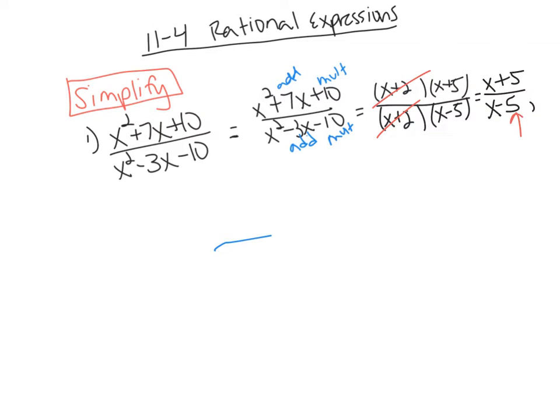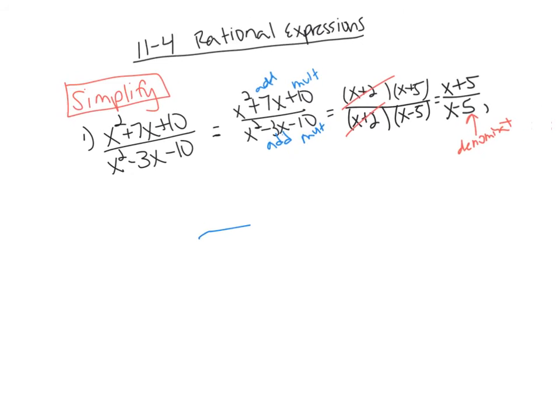So what number is going to make this denominator 0? The denominator can never equal 0, so that means x minus 5 cannot equal 0. If I add 5 to both sides, that means that x cannot equal positive 5. So we have to tack that onto our answer.